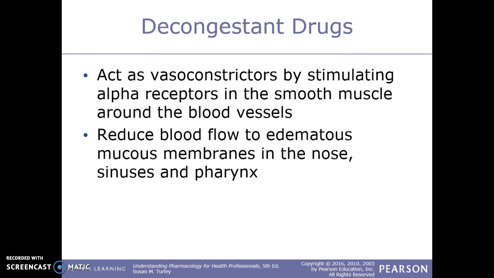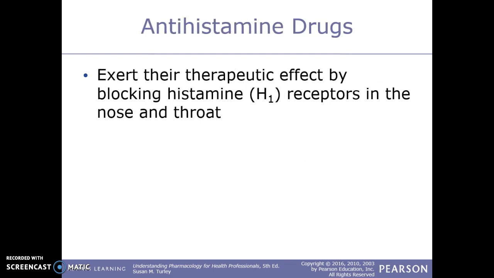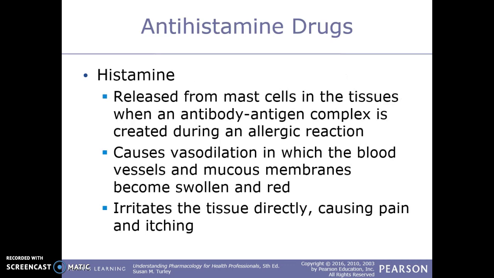The next category is going to be the antihistamines. Antihistamines are most commonly known for drying you up a little bit. Their therapeutic effect is blocking those histamine receptors in the nose and throat. And so they basically are going to reduce that itching.